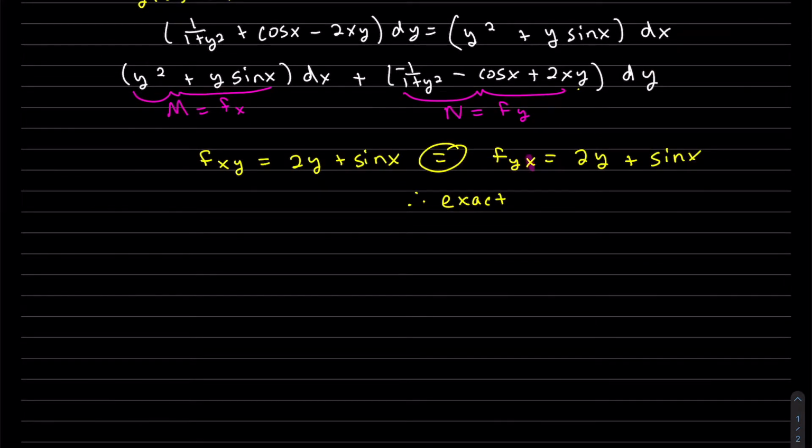Okay, so in order to find f, let's go ahead and start with f of x. To find f, since this is the derivative, we're going to integrate it in terms of x.